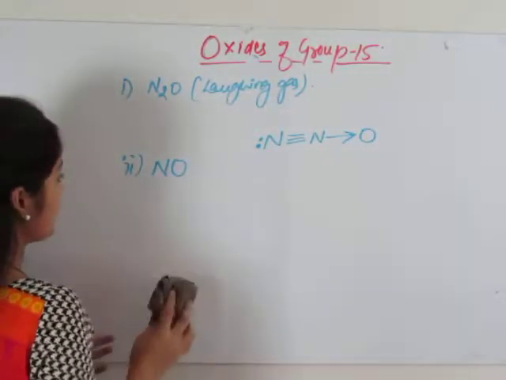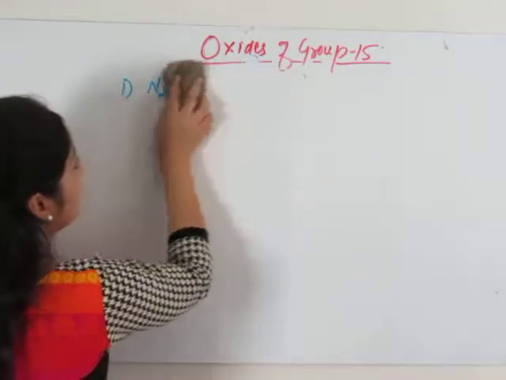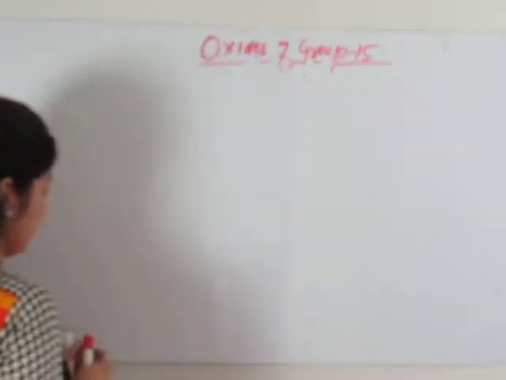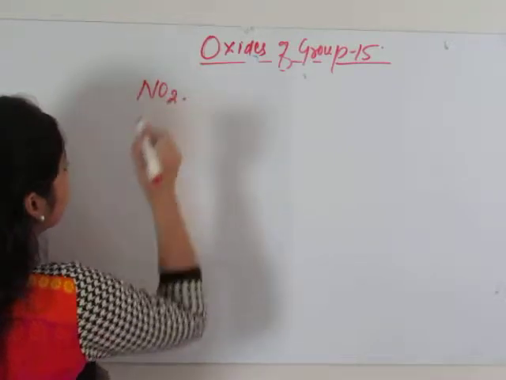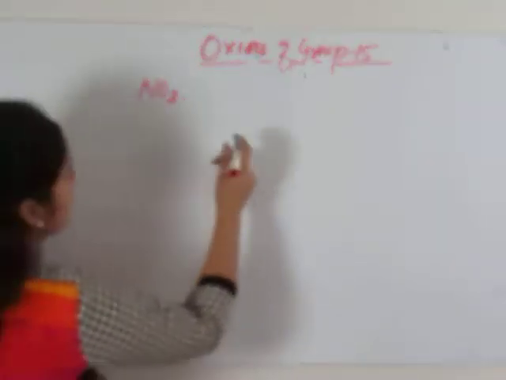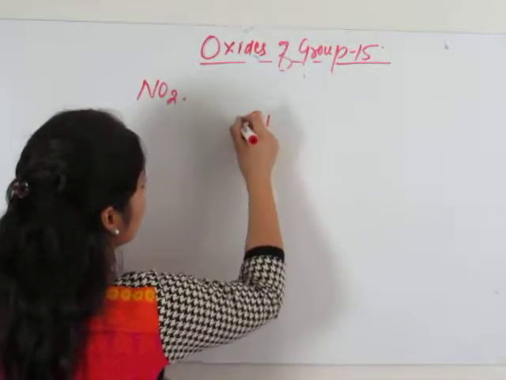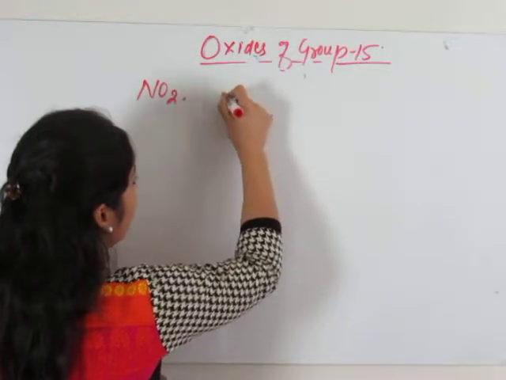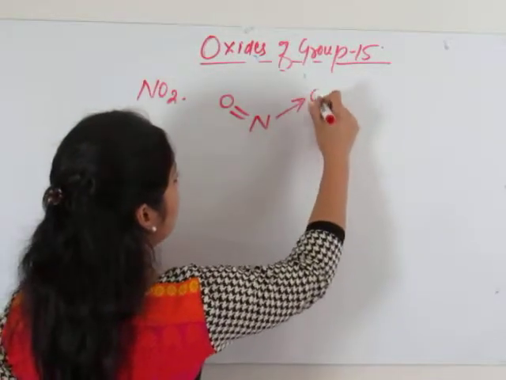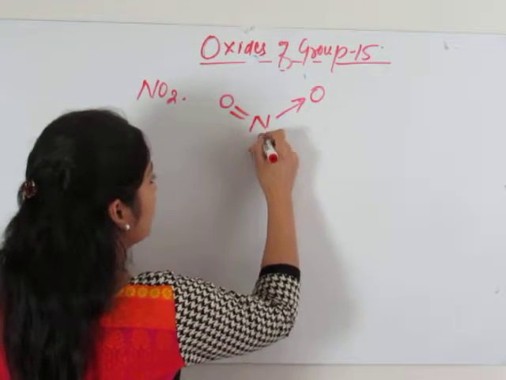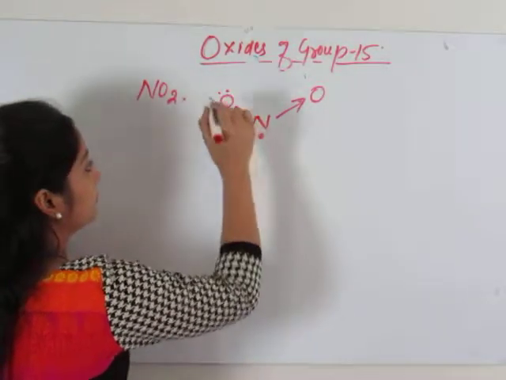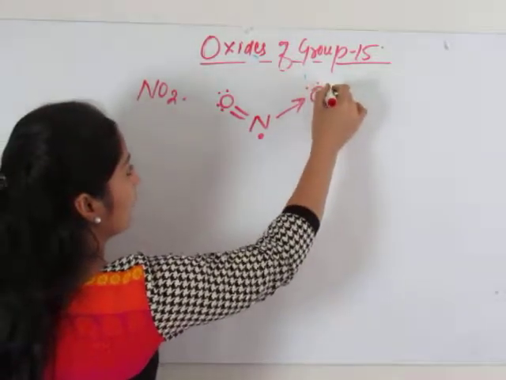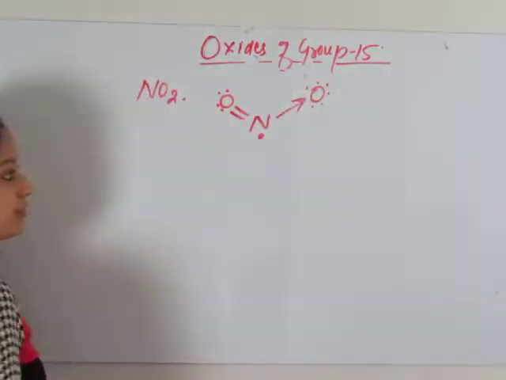Next जो आपके पास है, it is your नाइट्रोजन डाइऑक्साइड. नाइट्रोजन डाइऑक्साइड के लिए डायग्राम ड्रॉ करते हैं. नाइट्रोजन double bonded to oxygen and one coordinate bond and one unpaired electron over the nitrogen, right? Oxygen has 6 electrons.